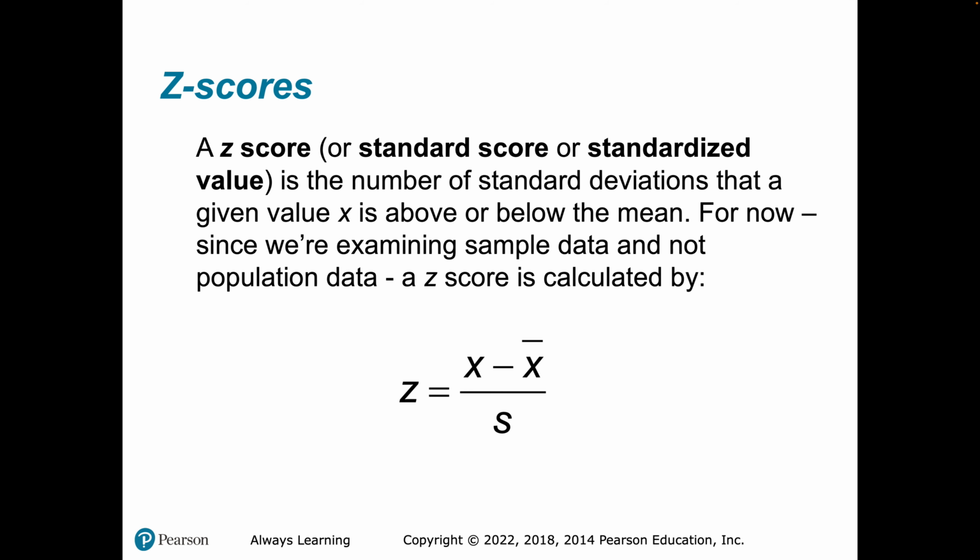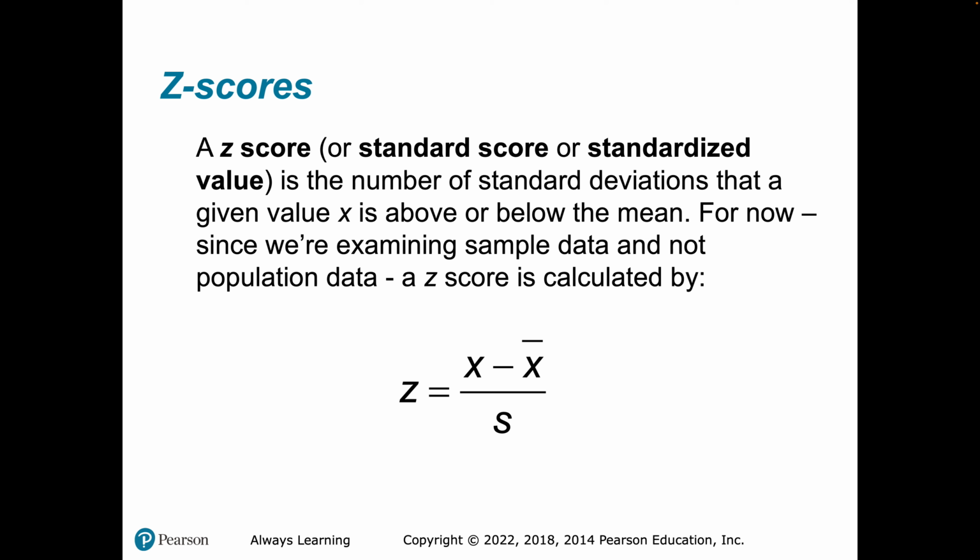So a z-score is a standardized score, and what it does is it tells us how far away from the mean a data value is, based on the number of standard deviations. In other words, how many standard deviations above or below the mean is this particular score.